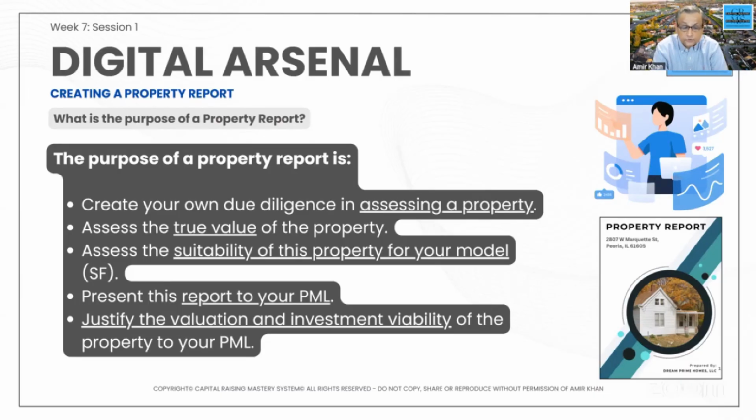You assess the suitability of this property for your slow flip model, because not all properties are suitable for the slow flip model. Maybe they're suitable for something else. I know some of you also wholesale and do other things, but still, the idea is you want to find out that it is suitable for the slow flip model. And then you present this report to your PML. You justify the valuation and investment viability of the property to your PML.